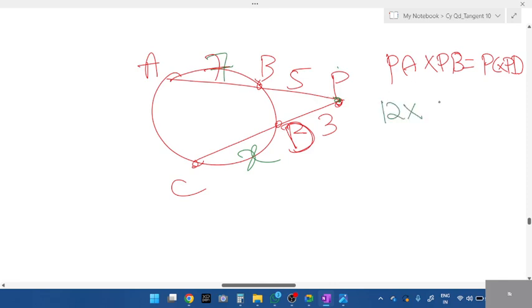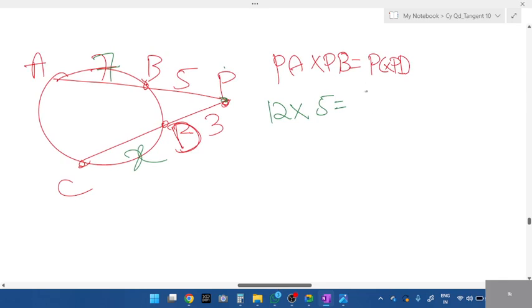What is PB? 5 is equal to, what is PC? PC is 3 plus x, or x plus 3, into what is PD? 3. When you multiply, what do you get? Is equal to 9.